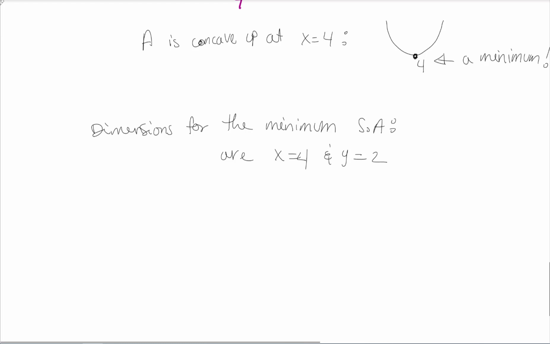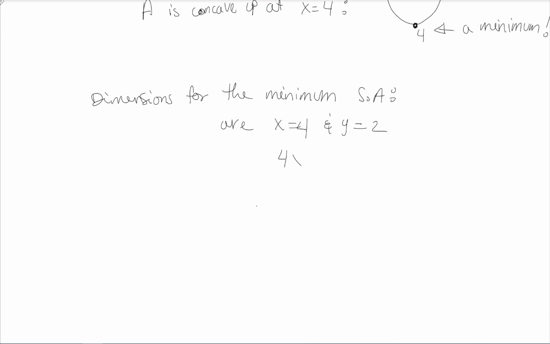So it will be a 4 by 4 by 2 box. And you could try to draw the box. With the square base, I don't think I did a very good job here, but that will be 4, 4, and this will be 2. So those would be the dimensions.